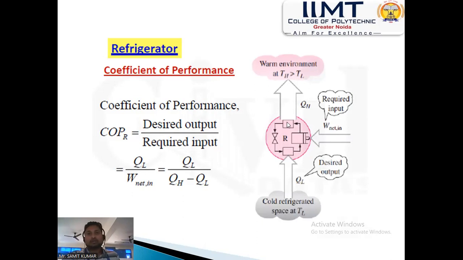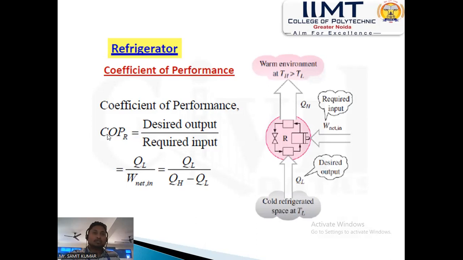After that it goes to the condenser, then to the expansion valve, and then to the evaporator. This cycle works continuously, and the desired output is a lower temperature. In the air conditioning system we want a low temperature in the room, and the hotter temperature goes to the surrounding, the warm environment.